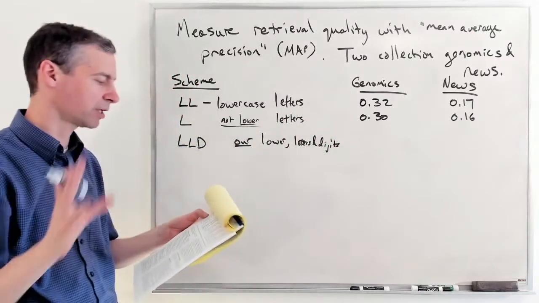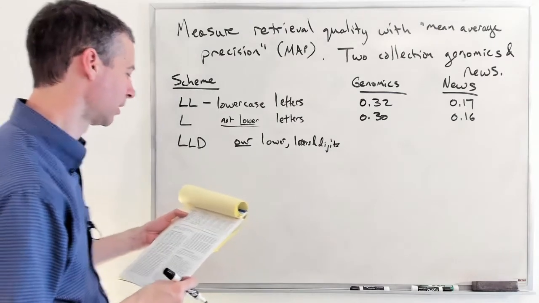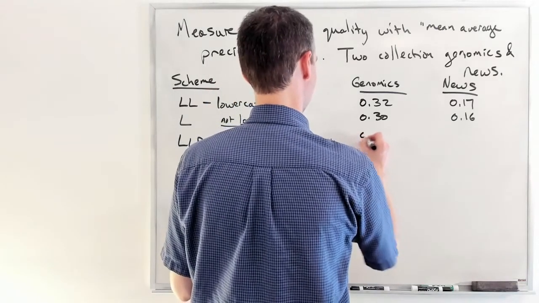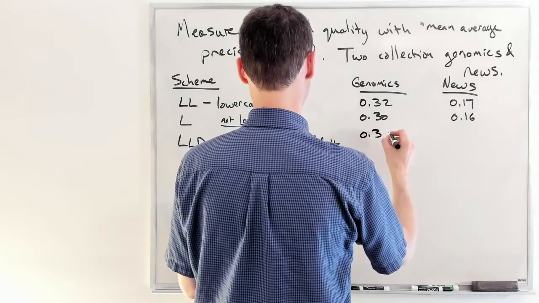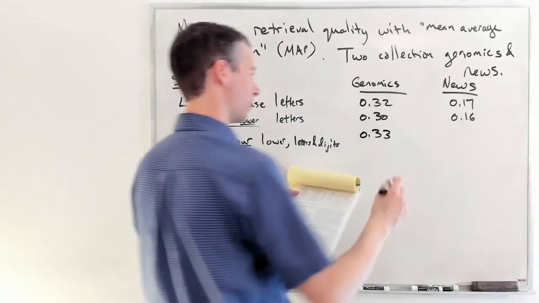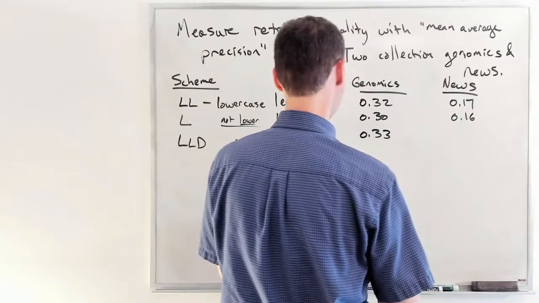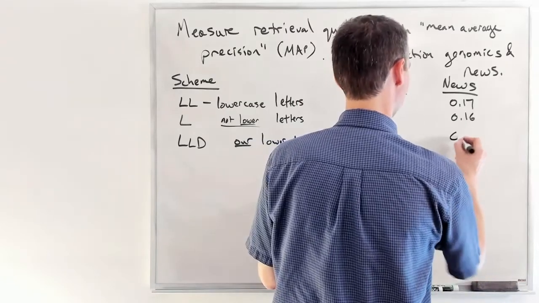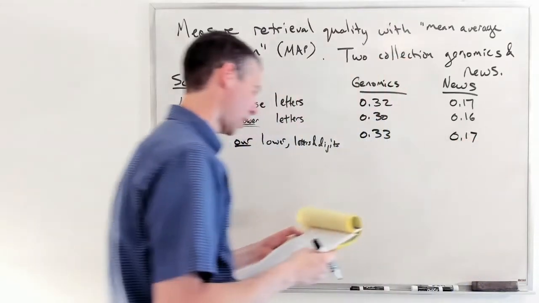We don't try to break the letters and numbers apart. For genomics, we get a small improvement, again not statistically significant, up to 0.33. And for the news, back up to 0.17.